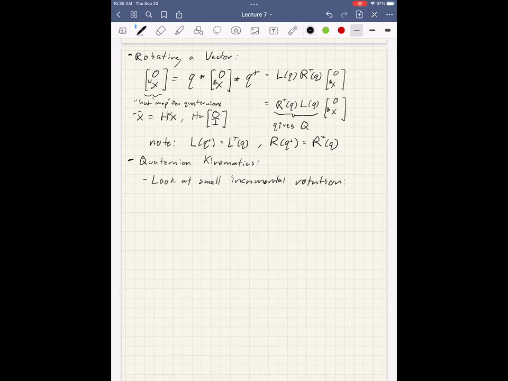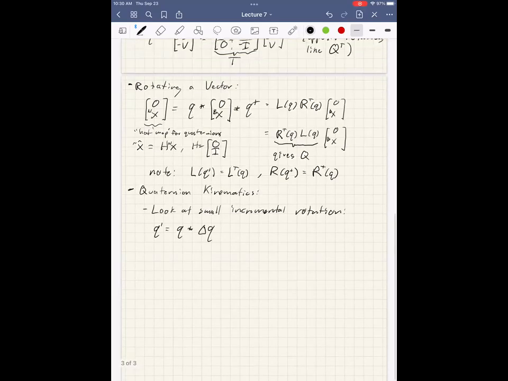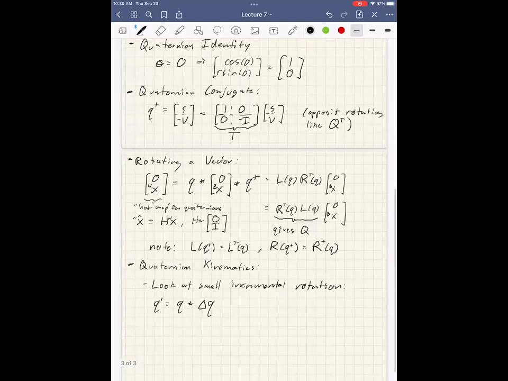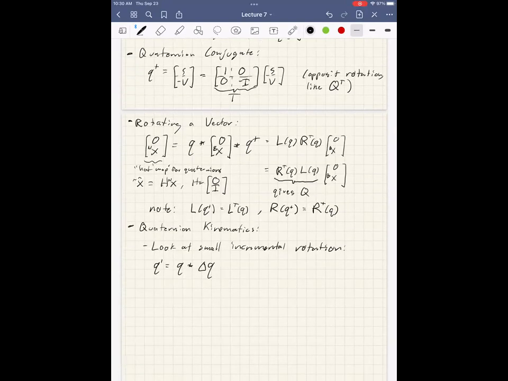So this is going to be something like Q prime equals Q times a delta Q. If I assume delta Q is small, I'm going to plug it into this cosine definition and take a first order Taylor expansion of that. So it equals Q times, say, cos theta over 2, r sine theta over 2.